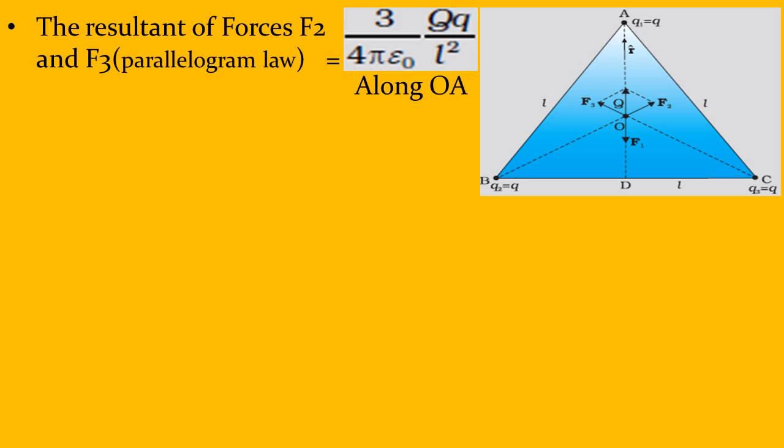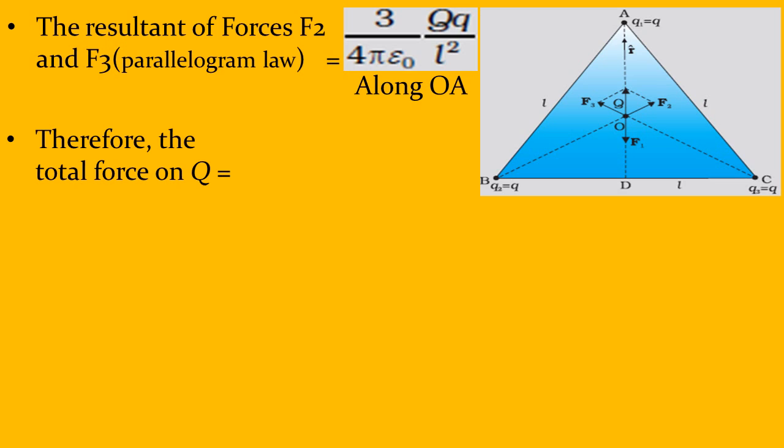So the small angle F3OA, that is 60 degrees. Okay. So what would be the component of force along OA? It would be force F2 into cos of 60 degrees. And cos of 60 degrees is half. Similarly, the other is half of F3. So half of F3 plus half of F2 again gives us the same magnitude as either F2 or F3. So the magnitude is 3 by 4 pi epsilon naught QQ by L square. And the direction is along OA.